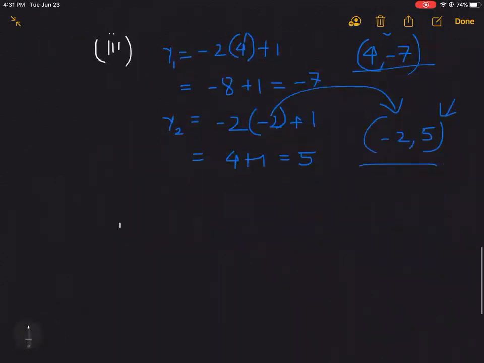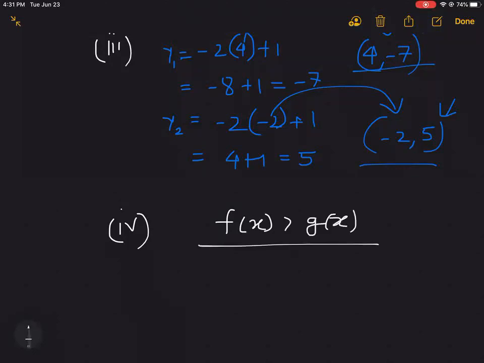Anyway, part 4. Shade the region for which f of x is strictly greater than g of x. Now as I said, if I write anything like this, graphically it means your graph of this function will be above the graph of this function. That's the graphical interpretation, right?